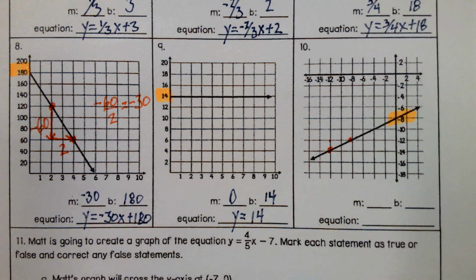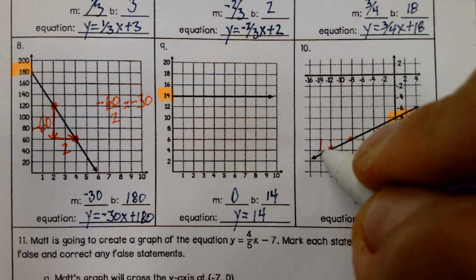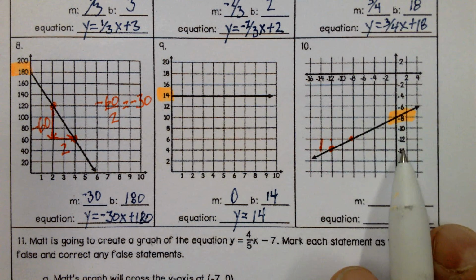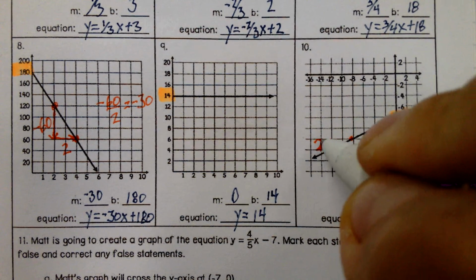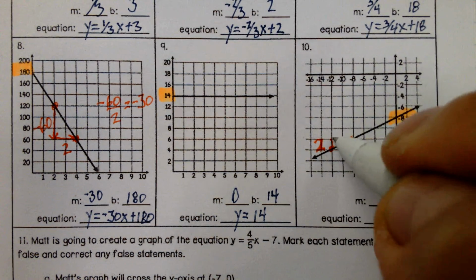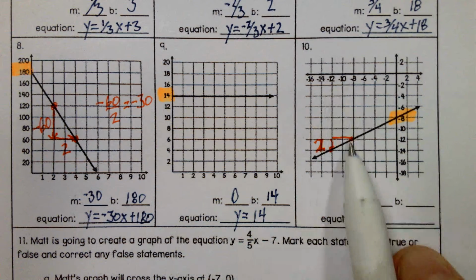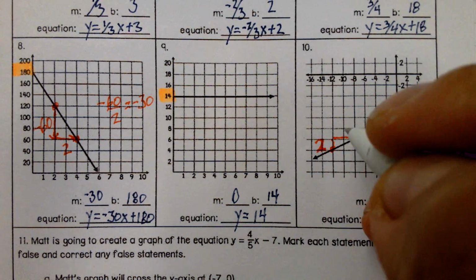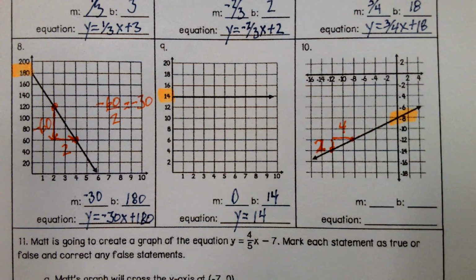I went up 2. And then I went from negative 12 to 8. So each one looks like it's 2, so I went up 4.